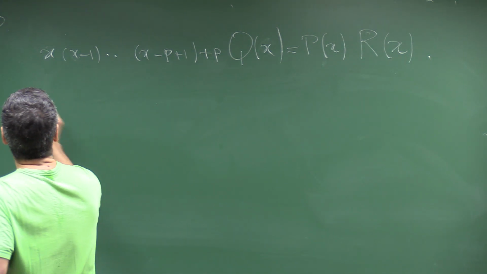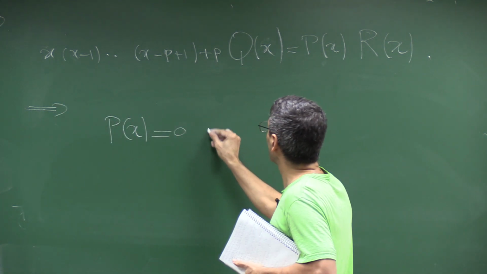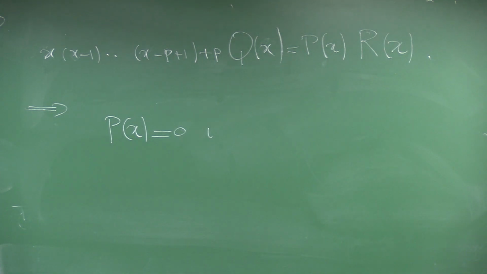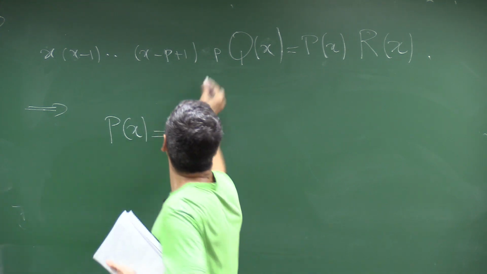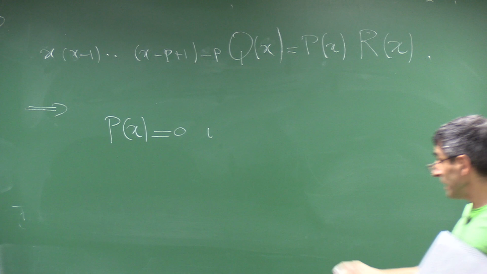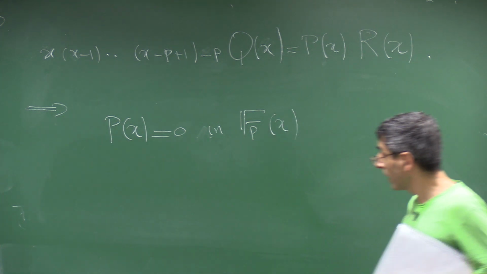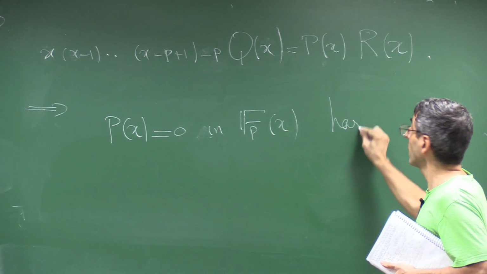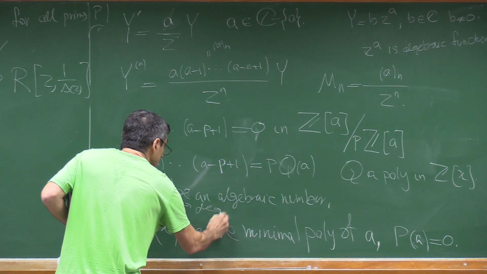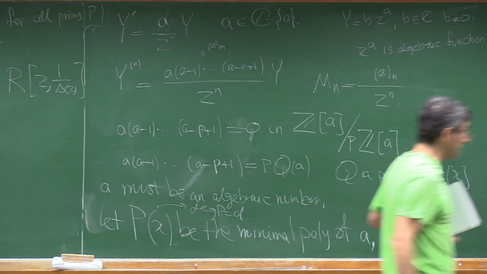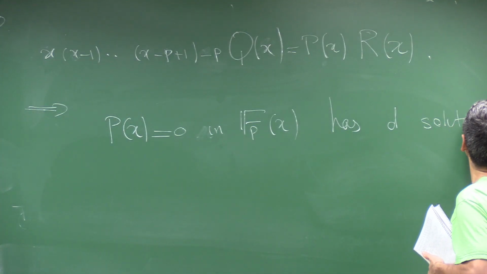So what we conclude: P(x) mod p equals 0 has, let's call this degree of P equal to D, D solutions in F_p.